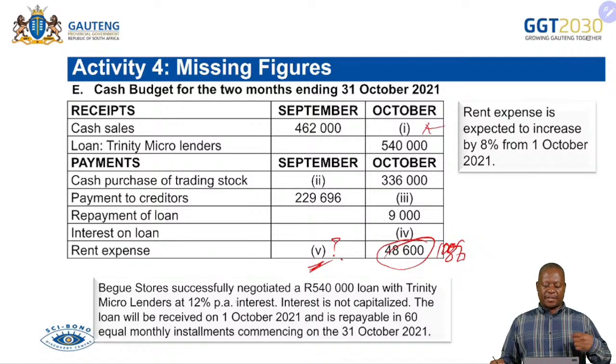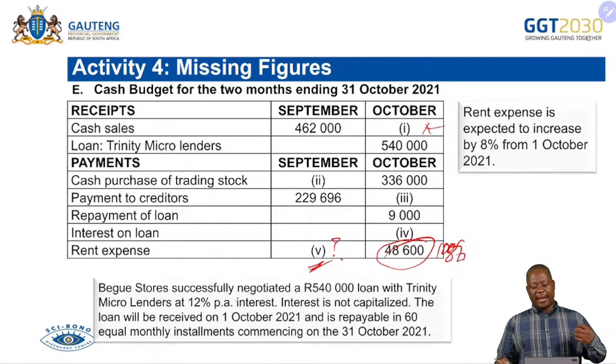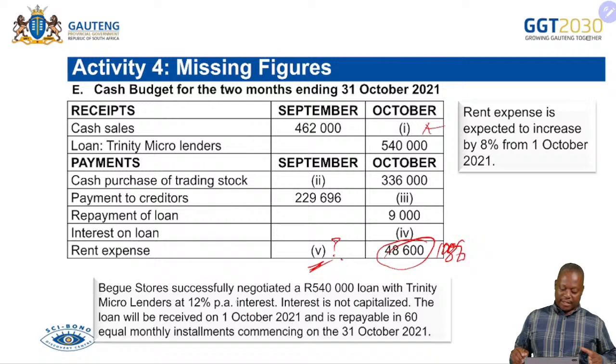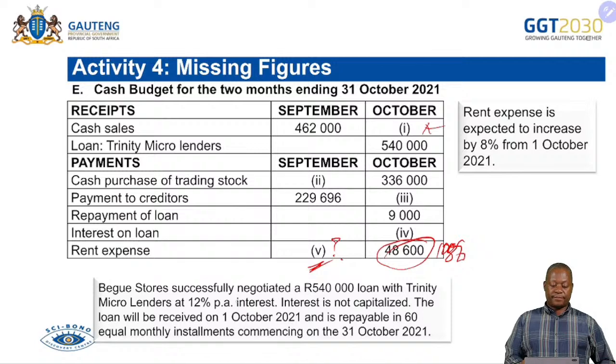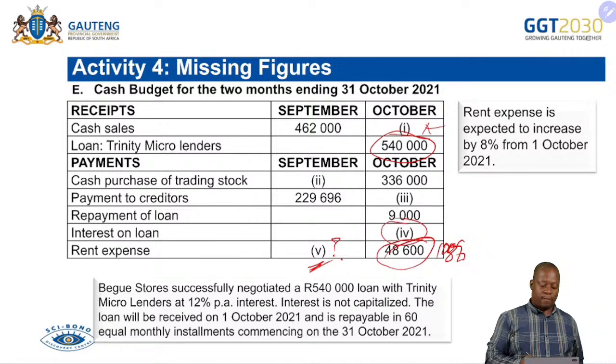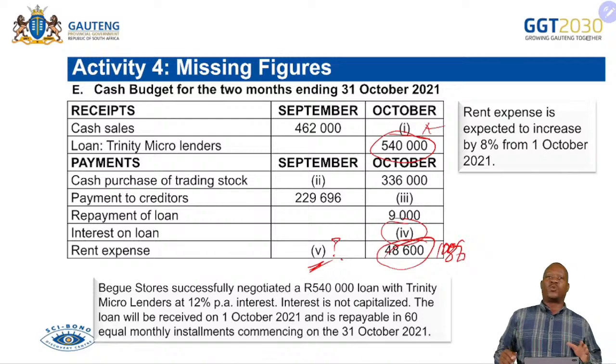The loan will be received on 1 October 2021 and is payable in 60 equal monthly installments, which are starting in October. Boys and girls, this one is easy. Now, I told you there is always a relationship between what? The loan and the interest on loan, which is our 4. There's always a relationship between our loan and our interest on loan.